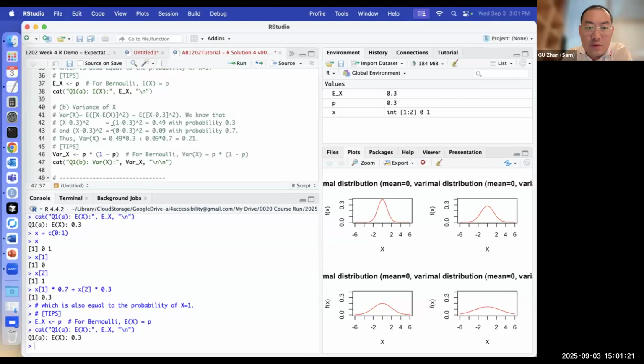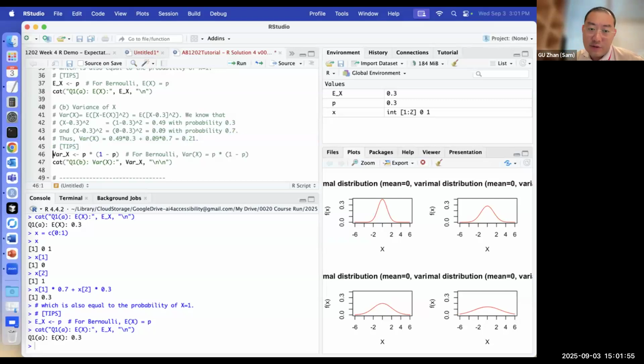Then when X equals 0, 0 minus the mean 0.3 squared is 0.09, times the probability when X equals 0, which is 0.7. So the variance is 0.49 times 0.3 plus 0.09 times 0.7. So you get 0.21. So that's the variance of question 1B.